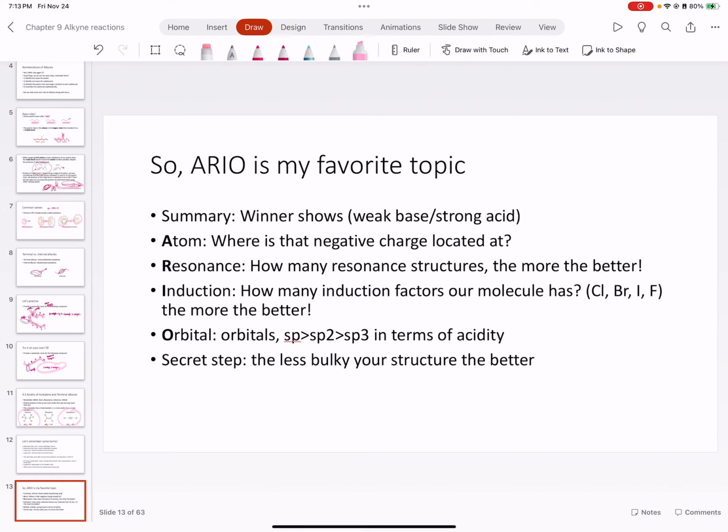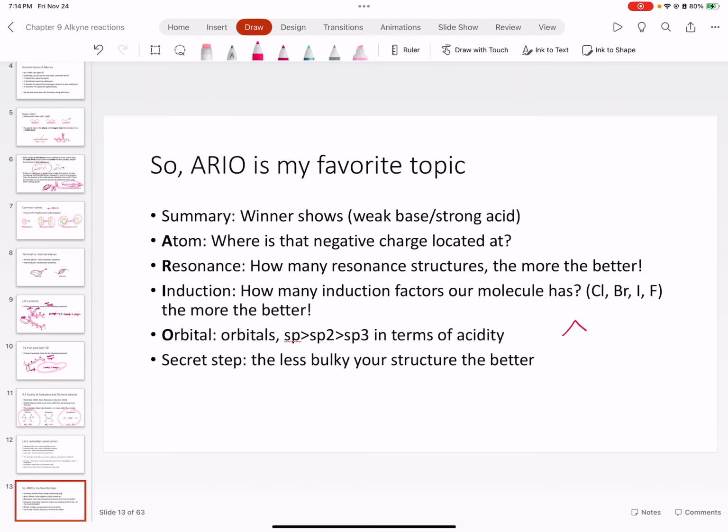Resonance: the more resonance structures it has, the more acidic it's going to be. Induction: how many induction factors the molecule has, like how many chlorines, bromines, iodines, fluorines, the more the better.